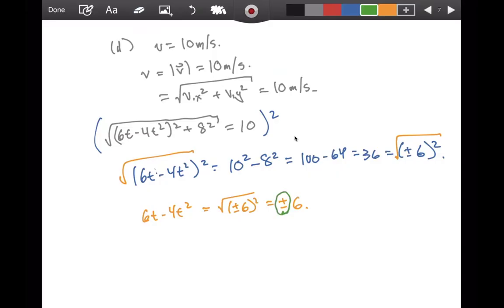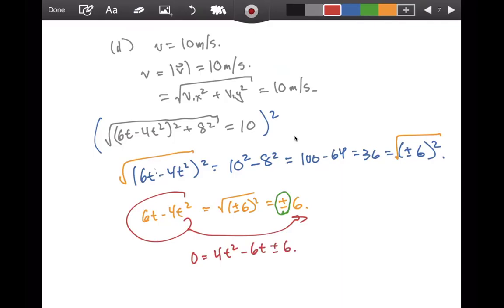Now, what we want is the time, so let's rearrange things to find it. I'm going to take these two terms and bring them to the other side. So finally, I get 0 equal to 4t squared minus 6t plus or minus 6. Now, to find t, we have to use the quadratic formula.